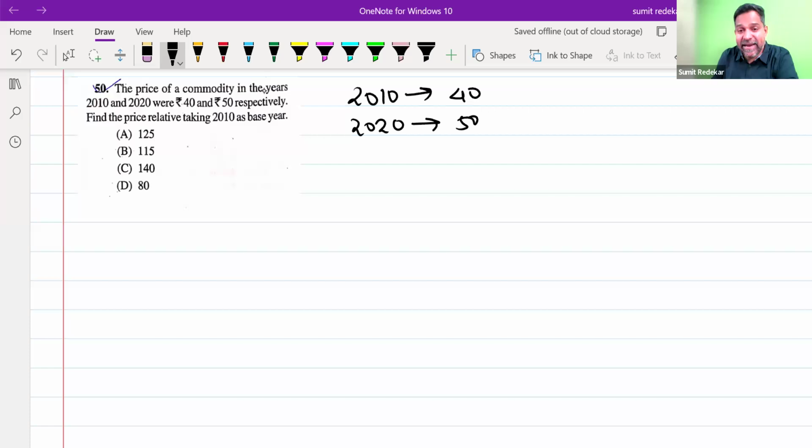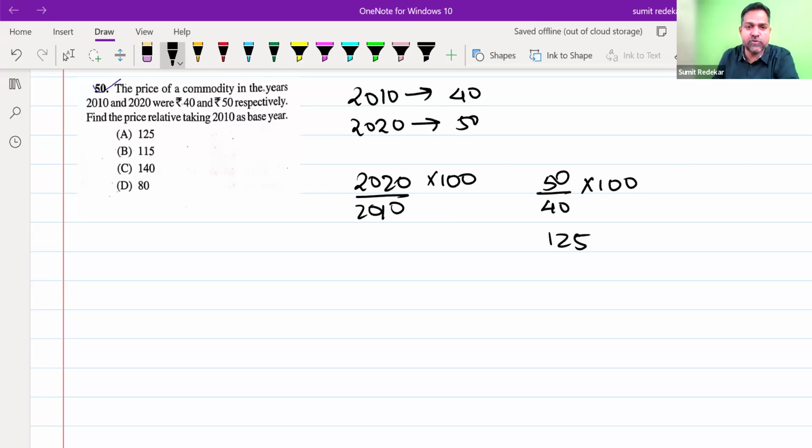So if you're taking 2010 as the base, it is 2020 by 2010, loosely saying, into 100. In 2020, it is 50. In 2010, it was 40, into 100, which is nothing else but 125, if I'm correct, should be the answer. A. And that's it. With that, the paper discussion is done. Thank you.